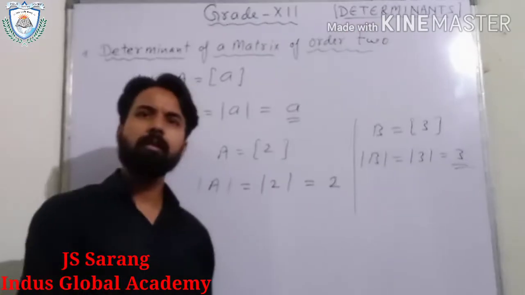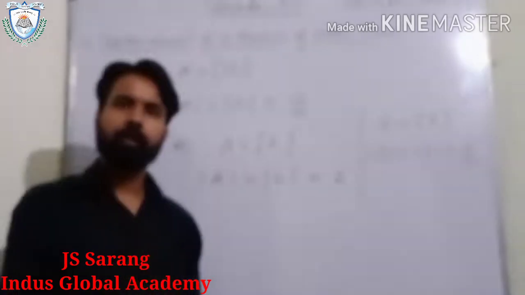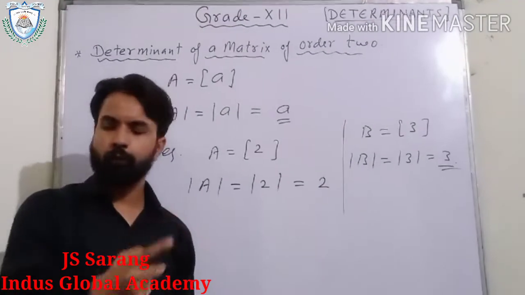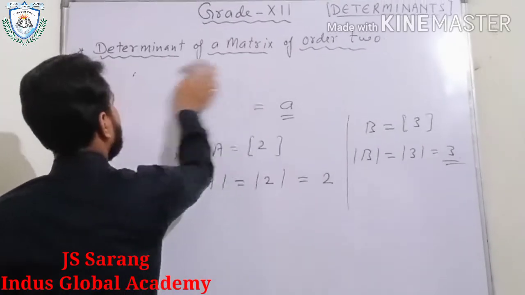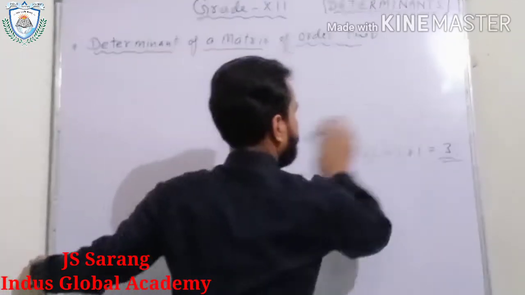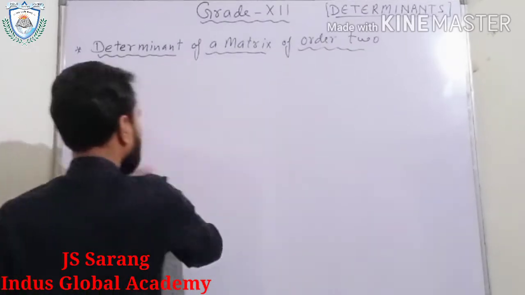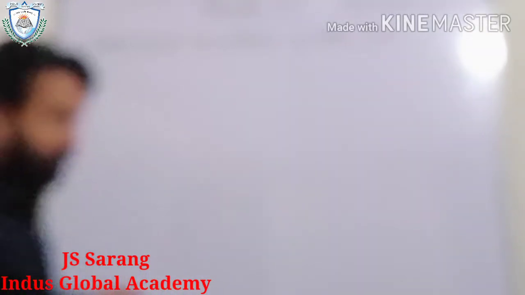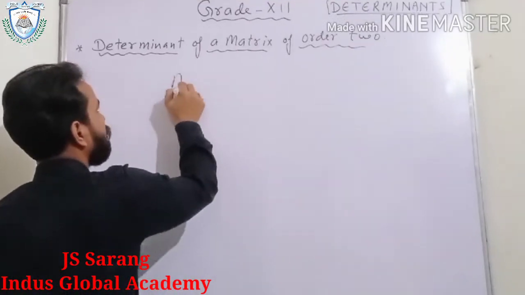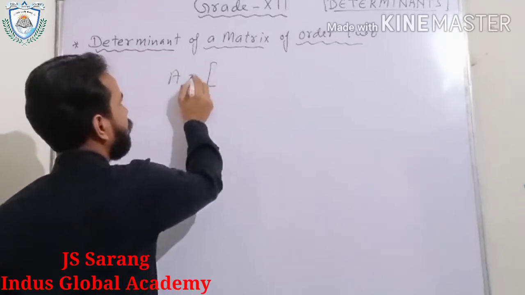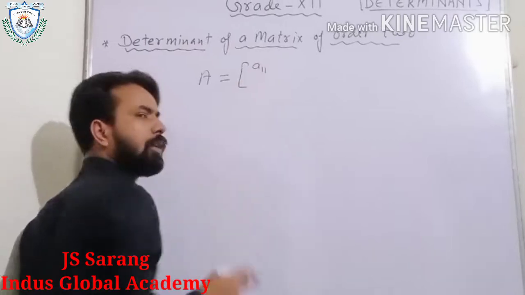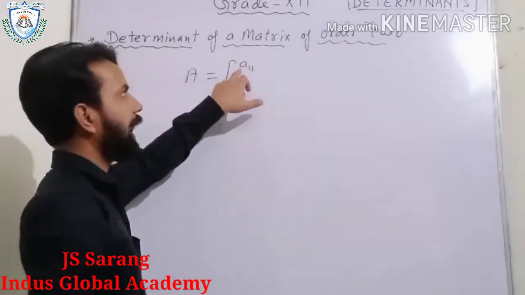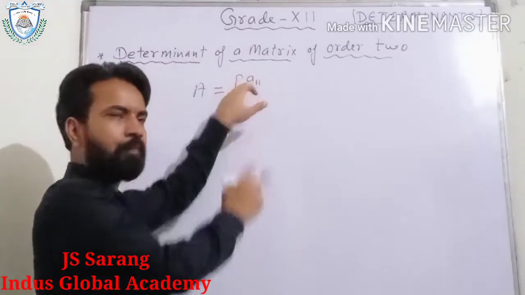Order 2 means 2 by 2. Clear? So 2 rows and 2 columns. So consider a square matrix of order 2 by 2. The very first element will be denoted as A11 because this is the element of first row and first column.